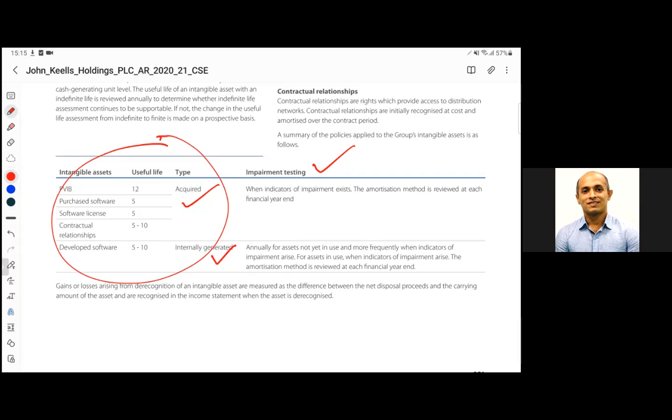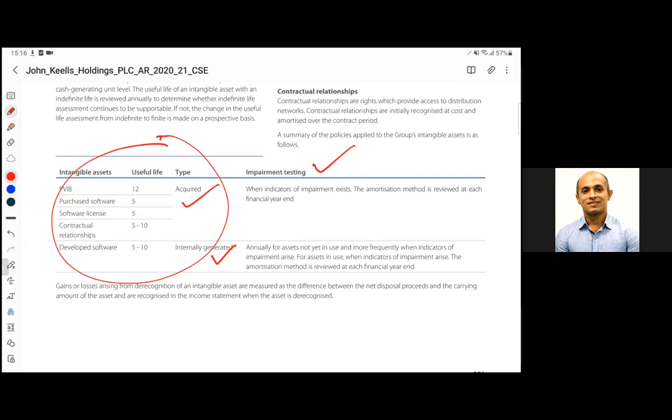In property, plant and equipment, we see whether the company has adequately depreciated its property, plant and equipment. Here you can see whether the company has adequately amortized its intangible assets. So you can follow a similar procedure.